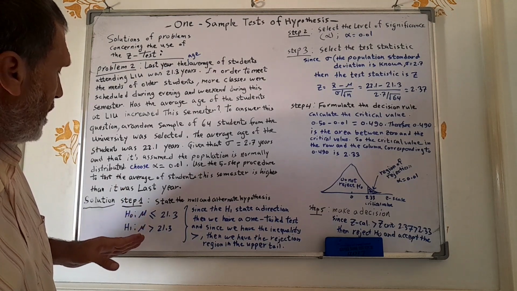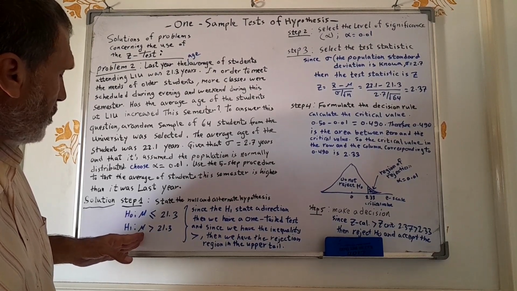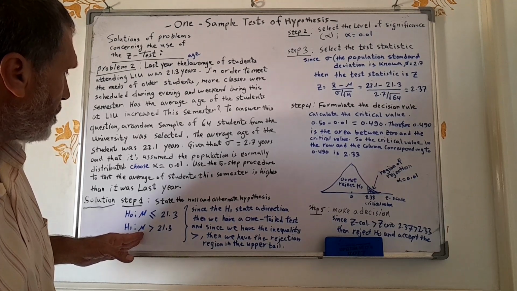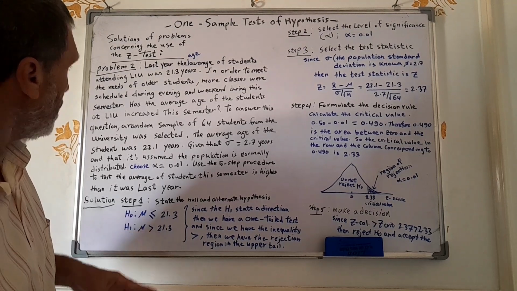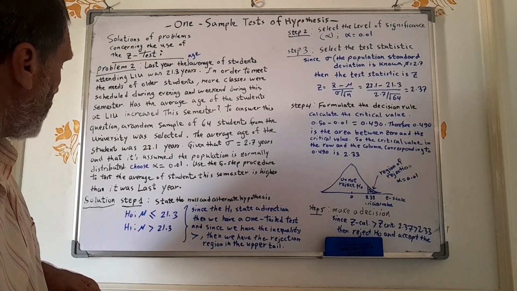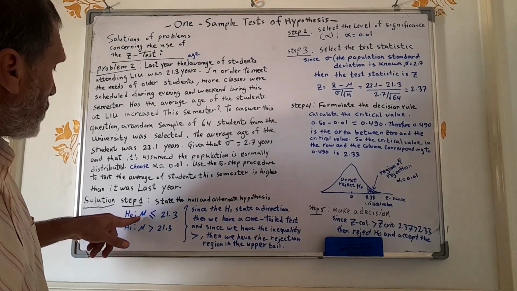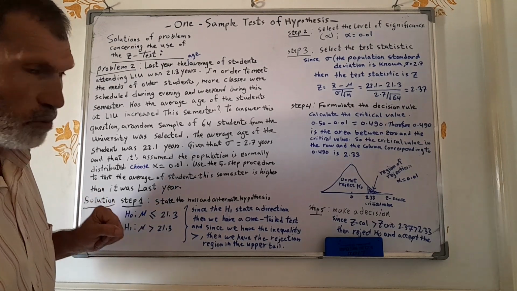In the alternate hypothesis, we test the claim that mu, the mean of ages, is greater than 21.3, and the null hypothesis is that it is less than or equal to 21.3.